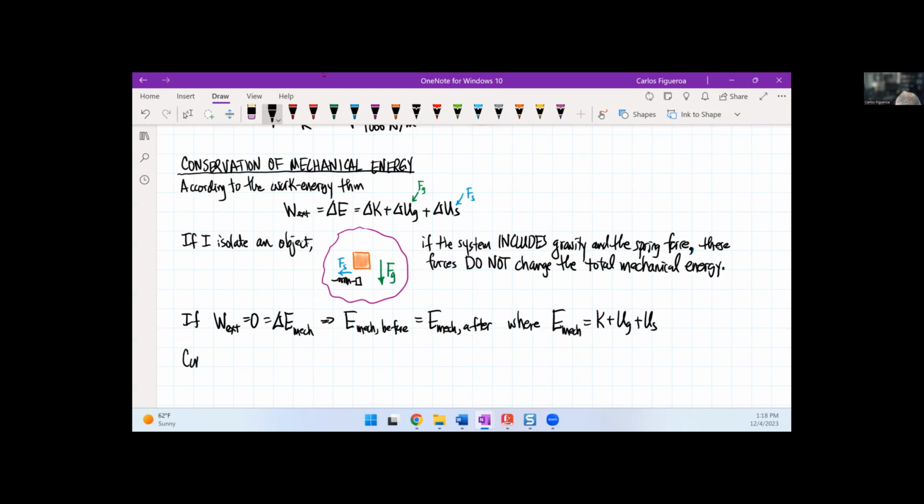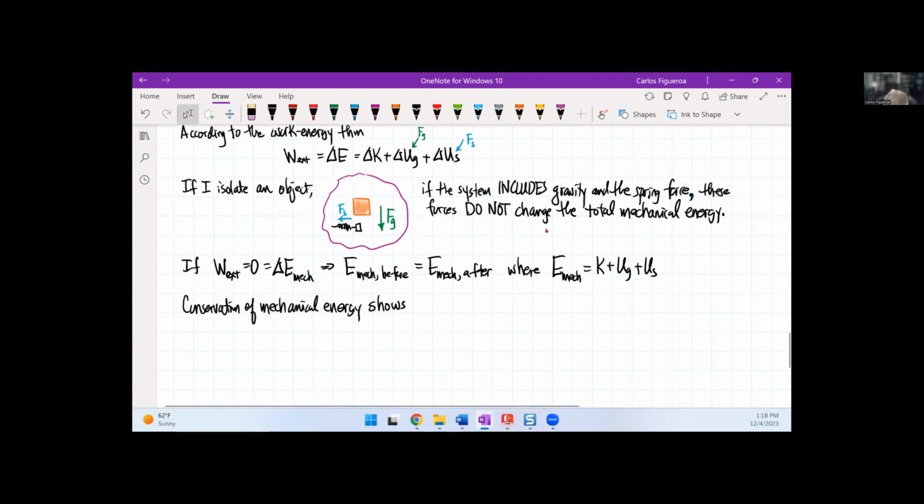So conservation of mechanical energy shows that if the external force is zero, that means any forces other than the force of gravity and the spring force, any other force.